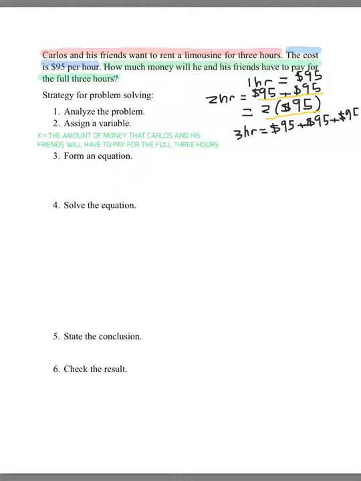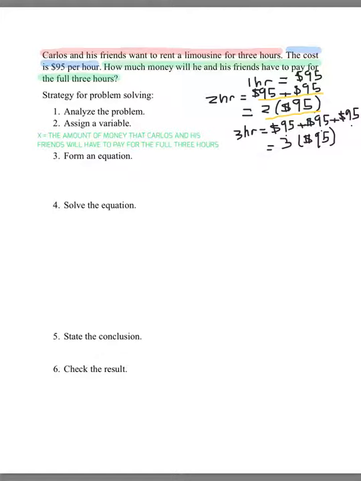Since we have 3 hours, we have 95 for the first hour, 95 for the second hour, and 95 for the third hour. But since it's the same hourly rate, we could just do 3 times 95. That would be the cost of the 3 hours of limousine service at a rate of $95 per hour.